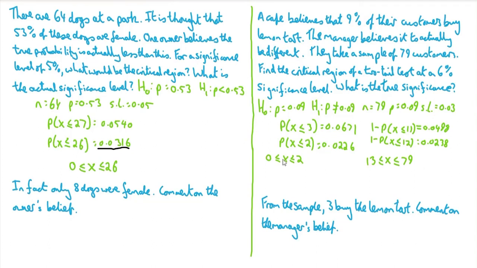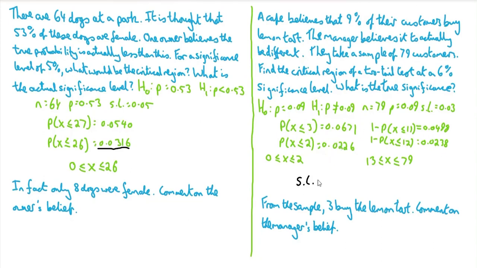These then are both of your critical regions. If x is any of 0, 1 or 2, and then anything between 13 and 79 inclusive, that means that there is enough evidence that this 9% claim is wrong, that the manager is right. However, if x was anything from 3 to 12 inclusive, there would not be enough evidence, and we would stick with the 9%. Just to get what the true significance is next though, this is where we just add up these two probabilities here.